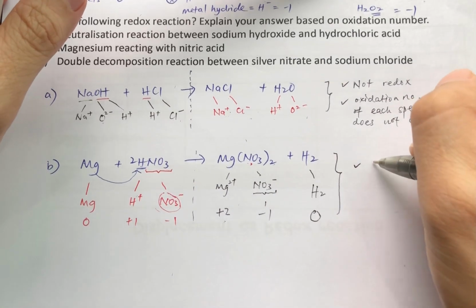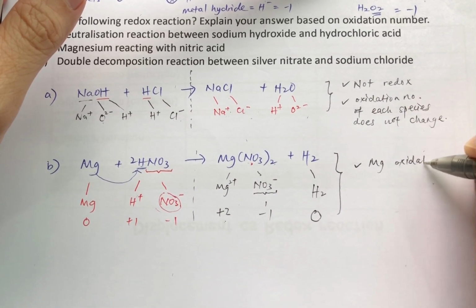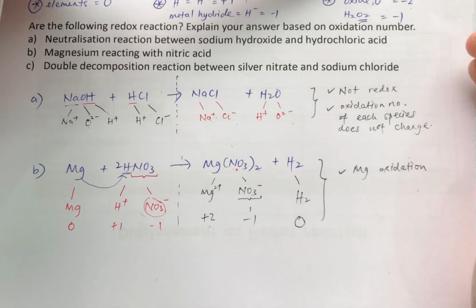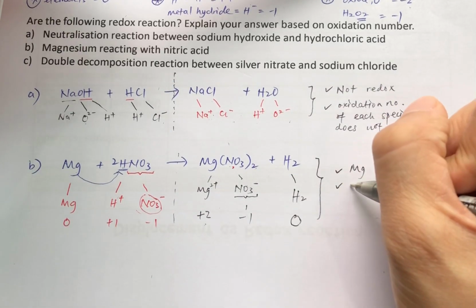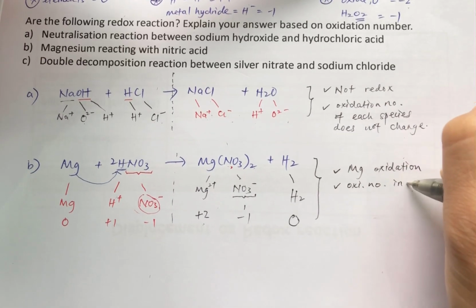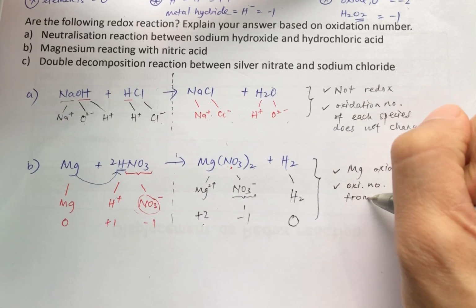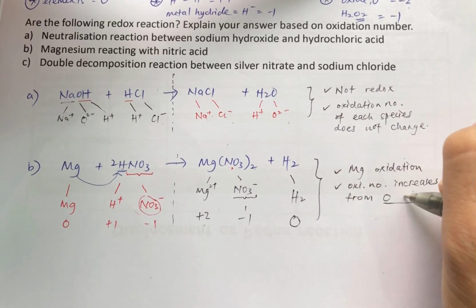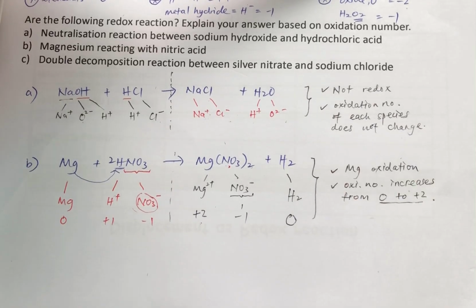So I will say Mg undergoes oxidation, or you can say Mg is oxidized. Why? Because its oxidation number increases from 0 to +2. Okay, you must write this.